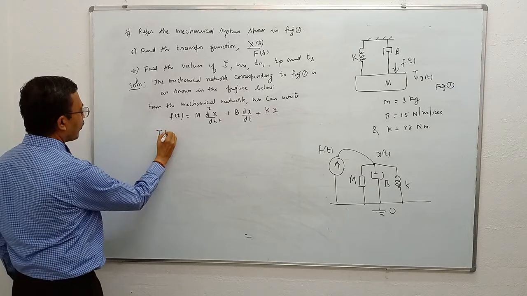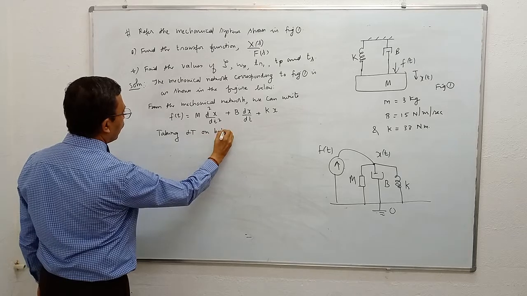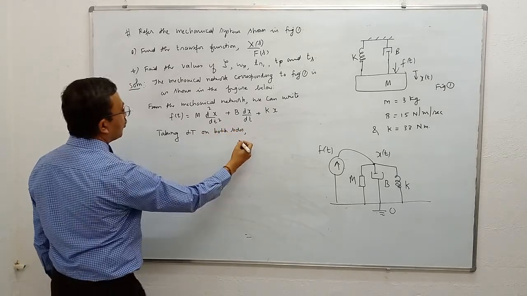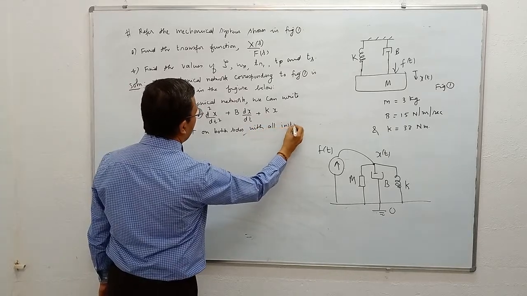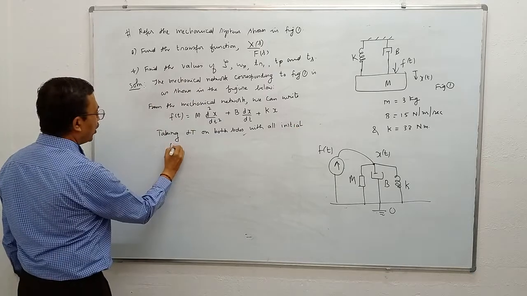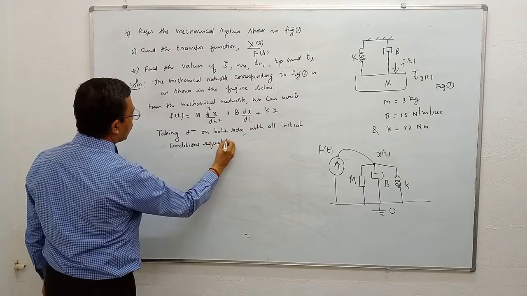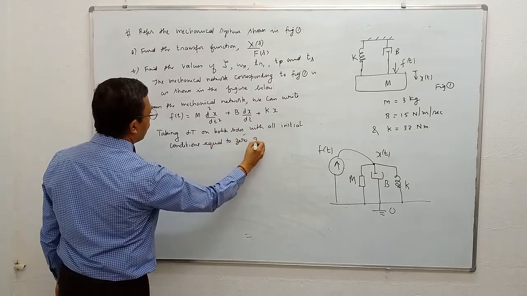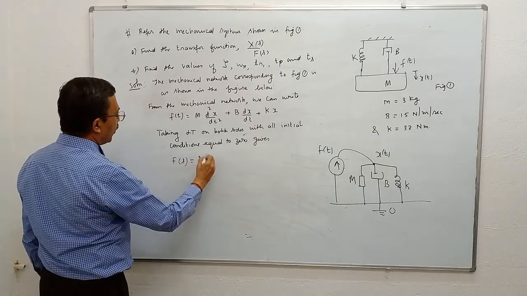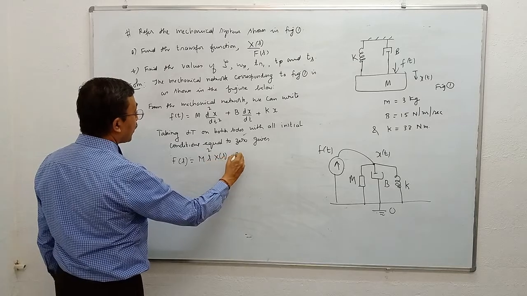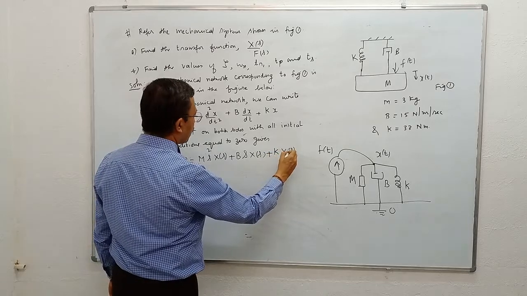Taking Laplace transform on both sides, with all initial conditions equal to 0, gives F of s is equal to m s square X of s plus b s X of s plus k X of s.